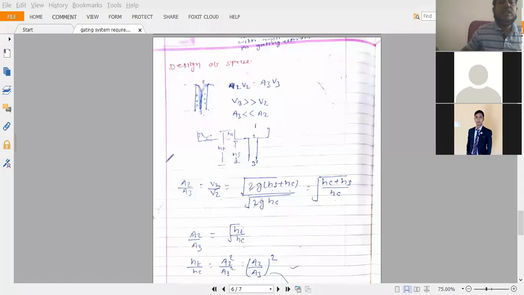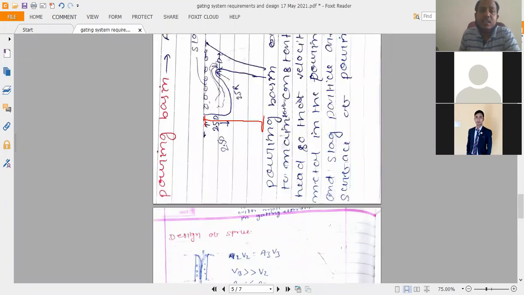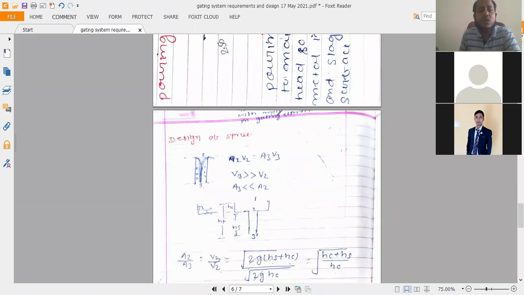So this whole thing comes under the design of the gating system. First we can see the pouring basin. The pouring basin design is not so complicated.